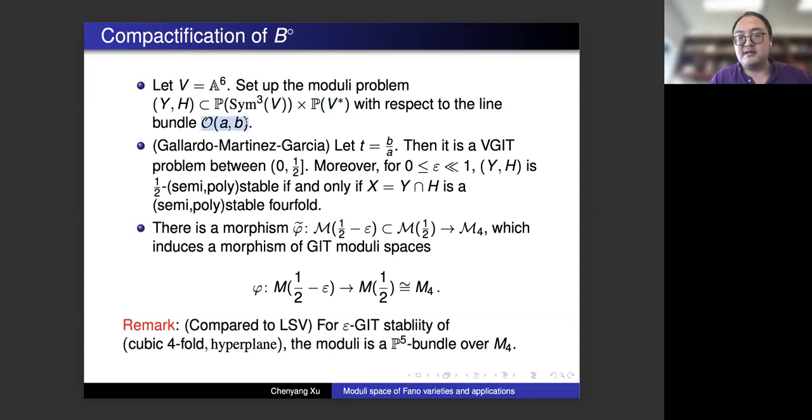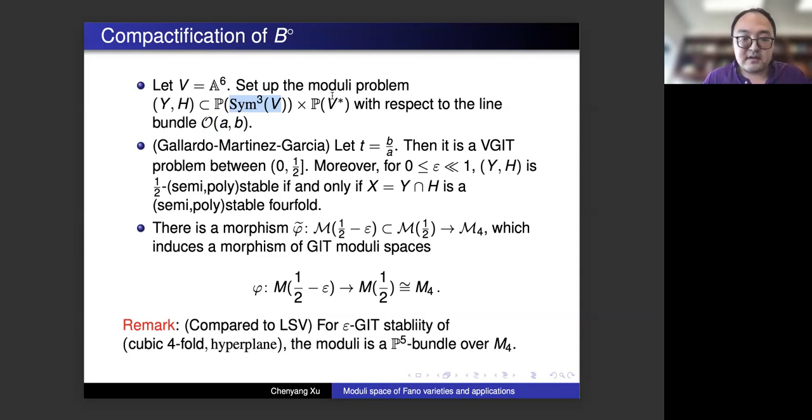So when you use GIT, there's a choice of ample line bundle. The choice basically depends on the ratio of B over A, where A is a pullback from the first factor and B is a pullback from the second. This kind of thing was already started by people like Gallardo and Martinez-Garcia. They show that in this case the wall-crossing of the GIT problem happens between 0 and 1/2.